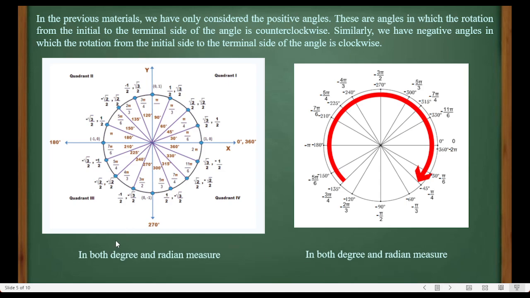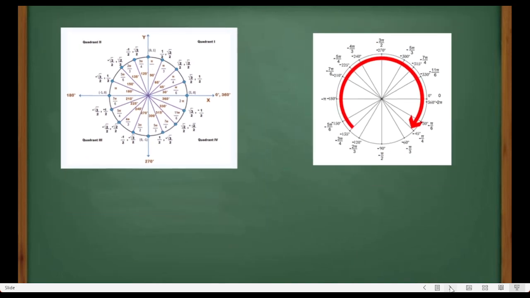So again, from the first figure, both degree and radian measures are being considered and they are all positive. Here, too, both are degree and radian measures. But the only difference is that, compared to the first figure, all measures are negative.